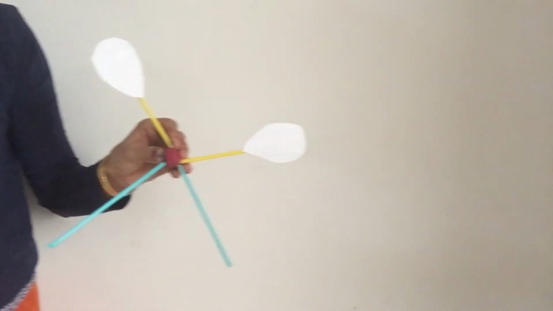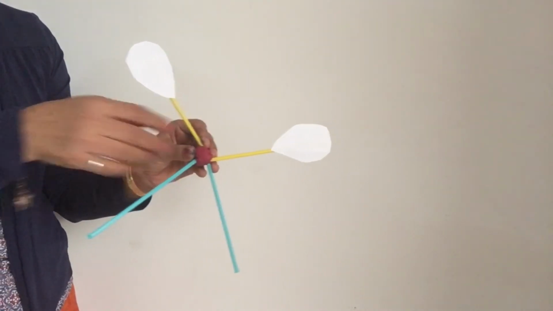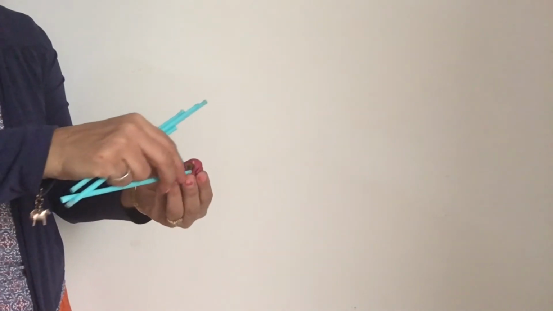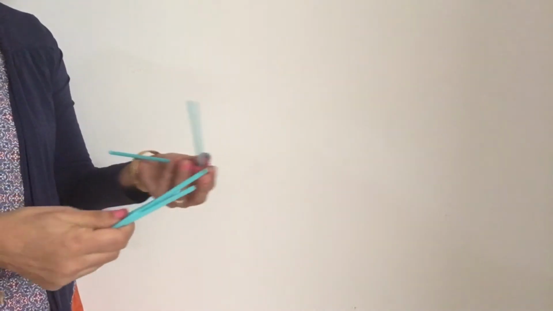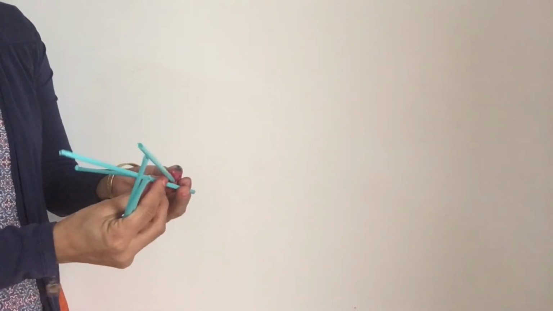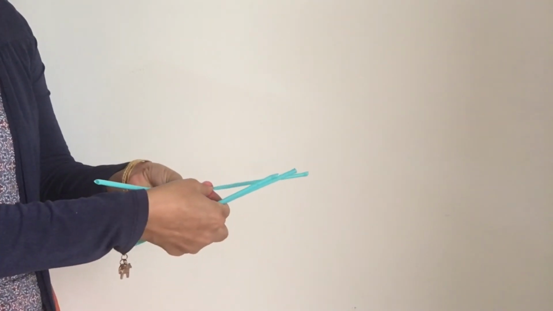Okay, let's move on to the next one where we had 5. Let's recollect what we had done when we had 5 bond pairs. That means 5 atoms bonded to the central atom. Can you recall what we did in video number 1?